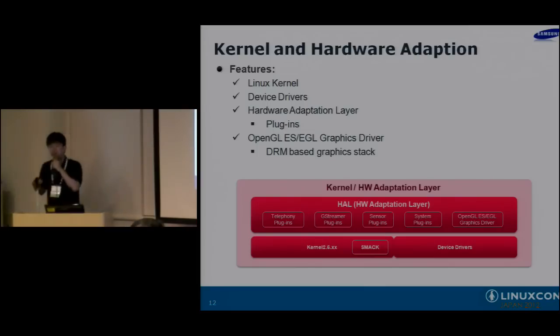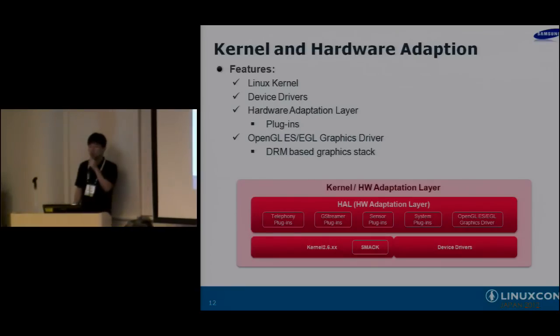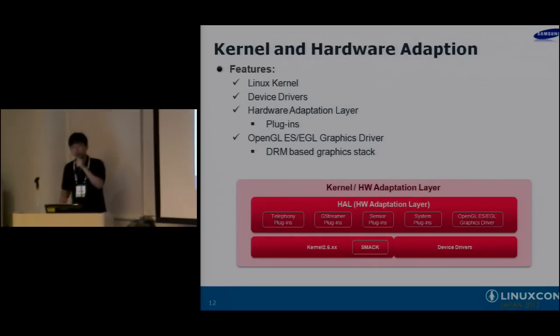I will get into a little bit more detail of each core layer of services. There is a kernel and hardware adaptation layer. So there is Linux kernel, of course, and it includes basically SMACK, and there are device drivers to boot up your device.